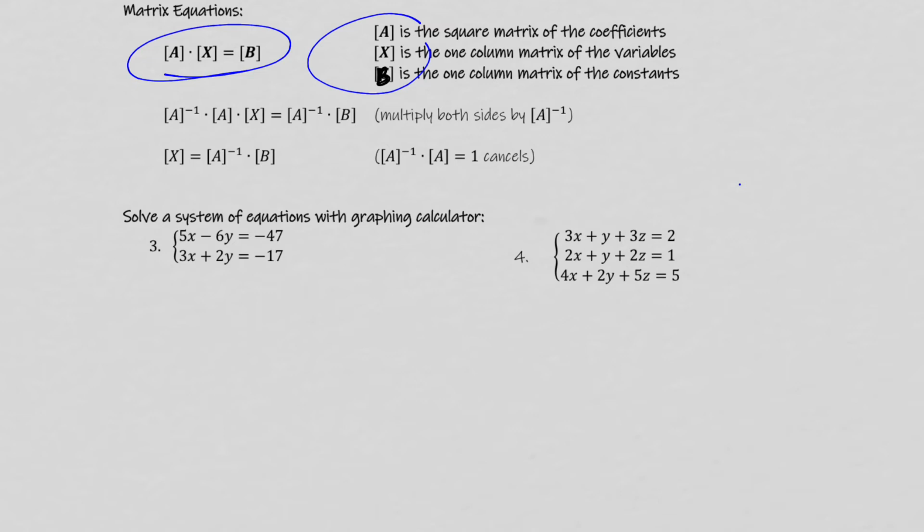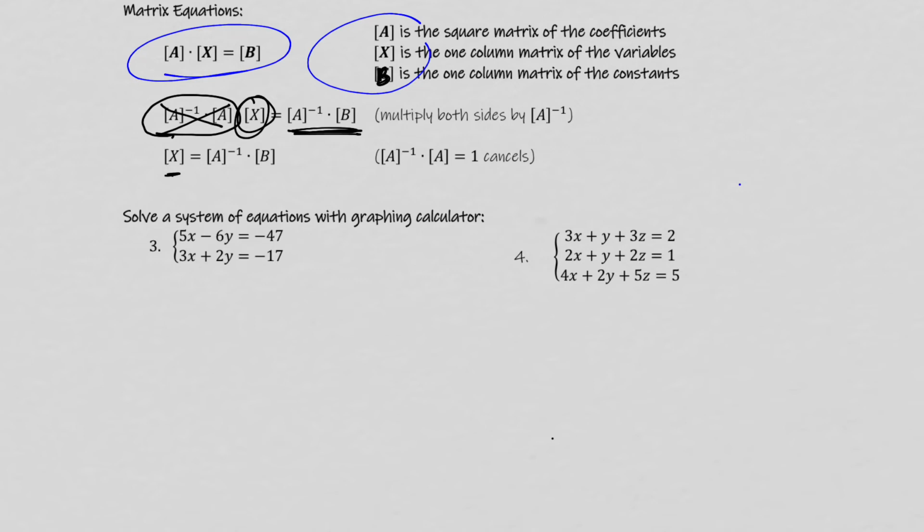That's the inverse of matrix A. When you do that, remember, an inverse times the original cancel out to 1. So matrix A and the inverse of A cancel out, leaving the left side with just matrix X, and the right side with the inverse of A times matrix B. So that's how we can solve for these systems.